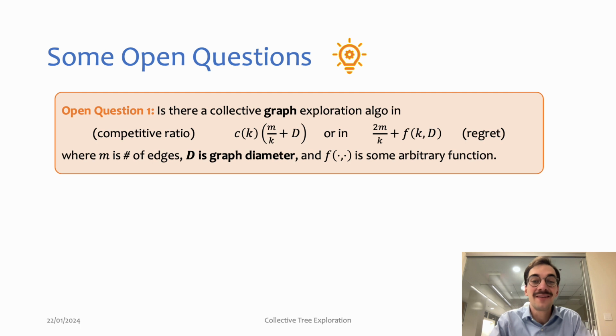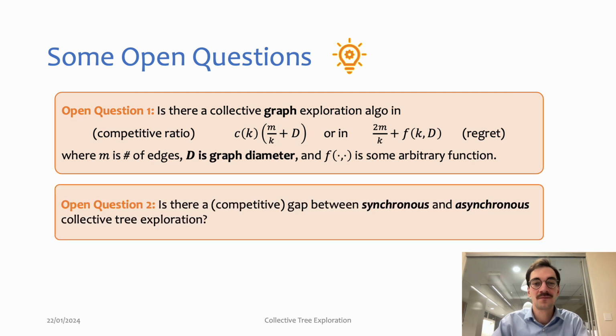The reason why it's difficult to obtain competitive algorithms for graphs is that d here represents the graph diameter, and the diameter of a graph can shrink a lot by just adding a few edges. Obviously, these edges are going to provide shortcuts that will help you explore the graph faster, but they will also make it harder to compete with the optimal solution. That is the difficulty of collective graph exploration.